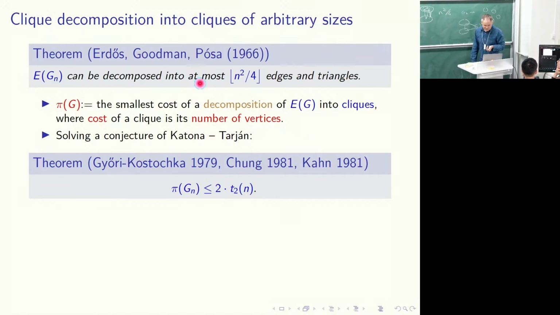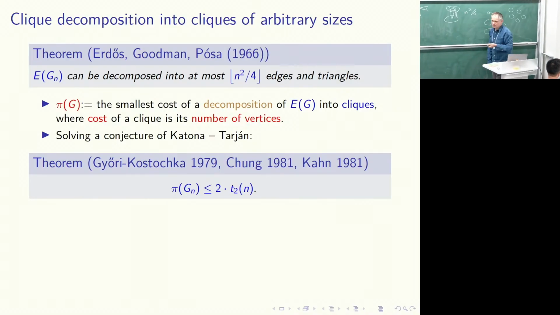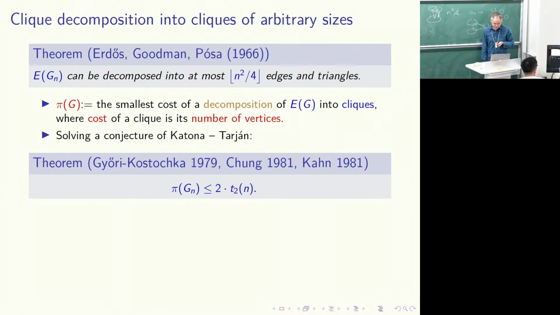The factor of 2 is there because the cost of an edge is 2, and for the complete bipartite graph we have to use edges. Their theorem says that the worst possible case is the complete bipartite graph.